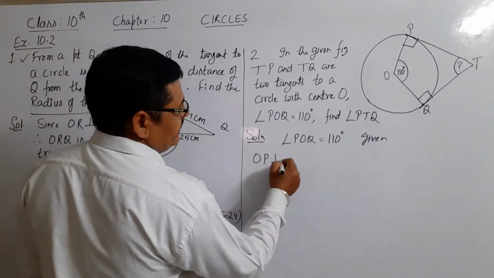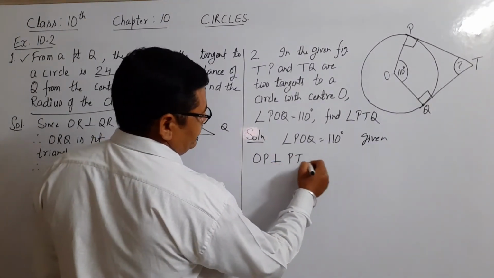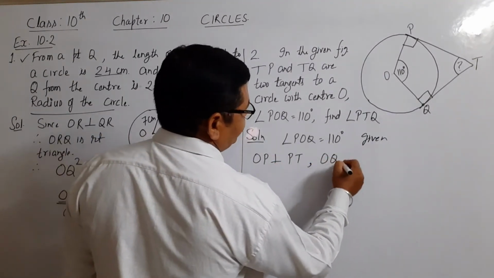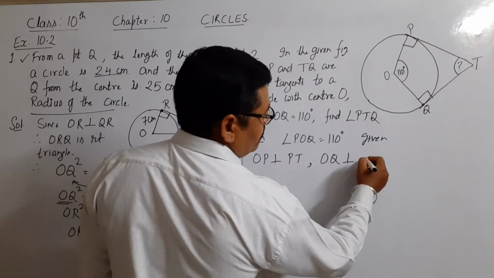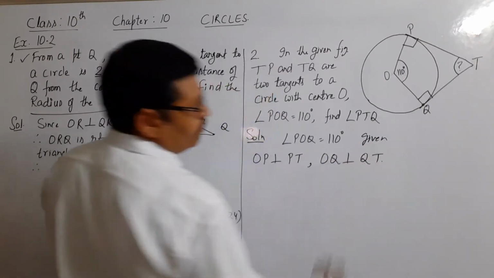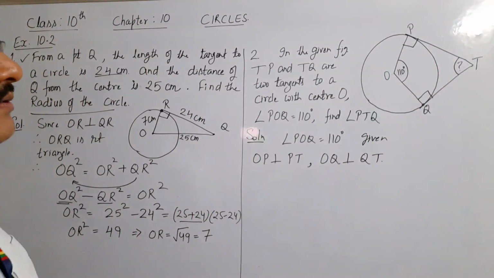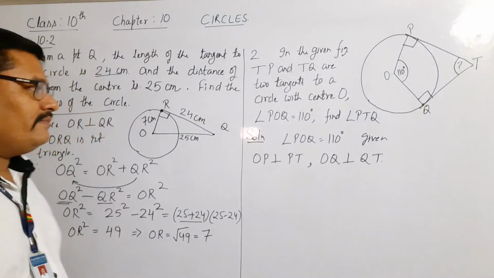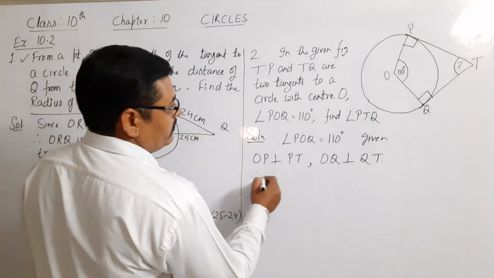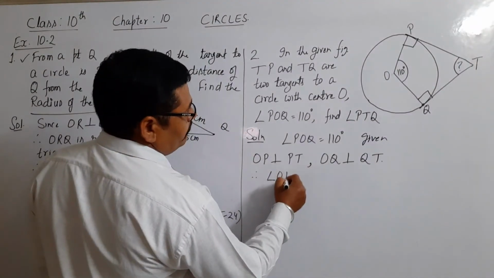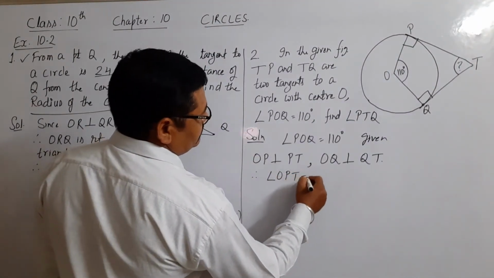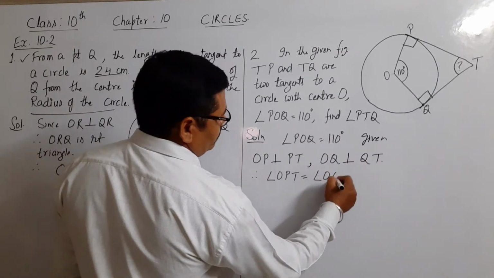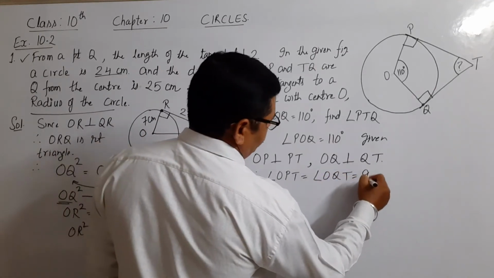Why? Because radius is perpendicular to tangent at point of contact. Therefore, angle OPT is equal to angle OQT is equal to 90 degree.